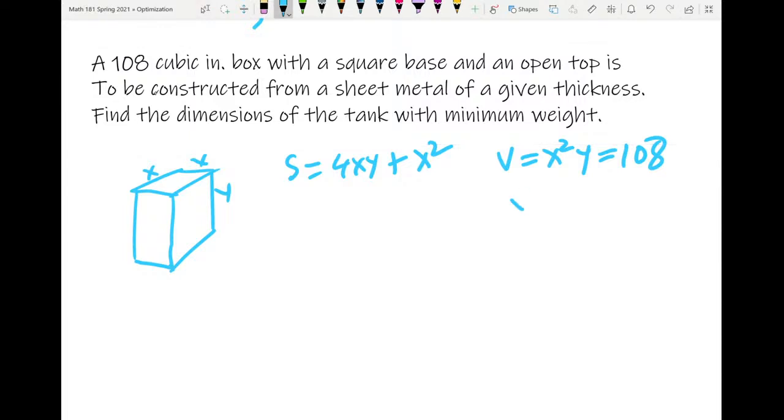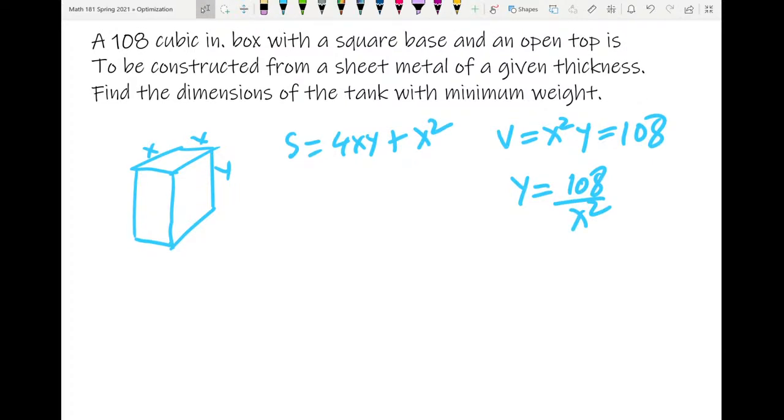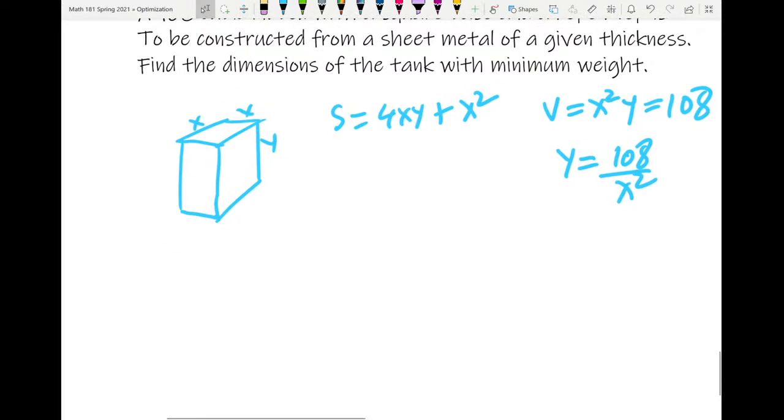So let's look at this one. y equals 108 over x squared. I think I need to write this down just in case you guys forget.